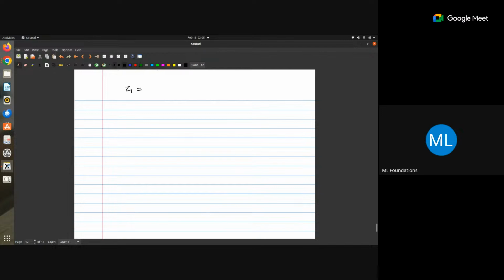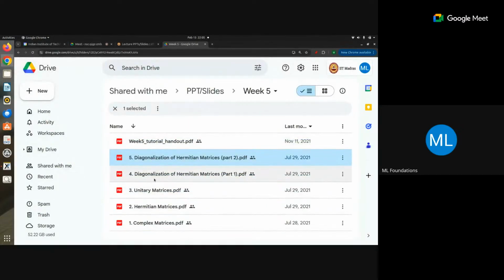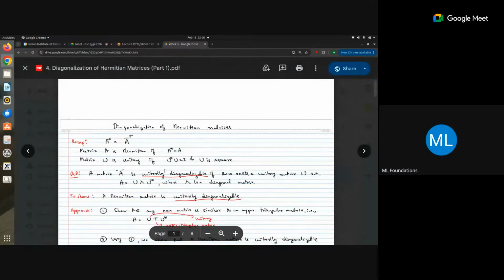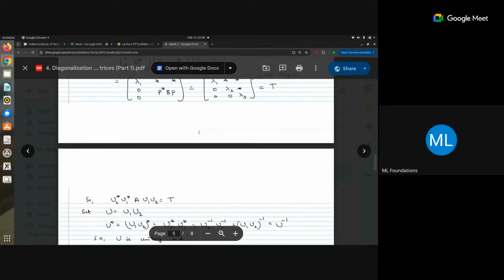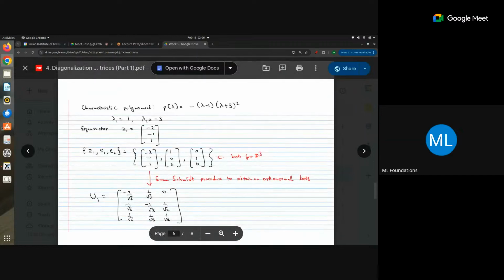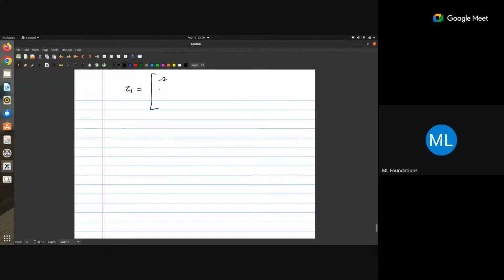So Z1 was equal to minus 2, minus 1, 1, right? And we said that E1 equals 1 0 0 and E2 equals 0 1 0.